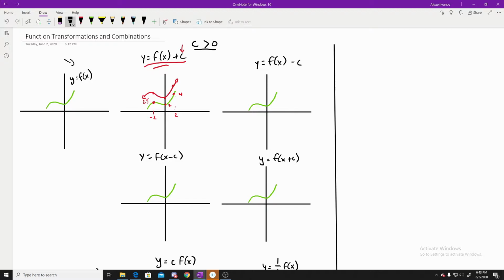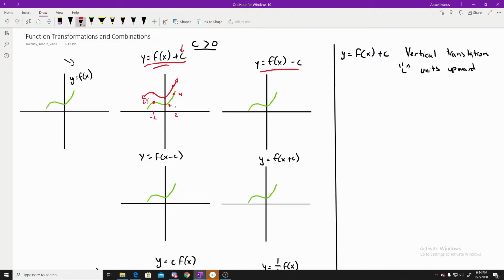So what we can conclude by adding this constant to the initial function f of x is that it will move the graph c units upward. We can call this a vertical translation c units upward.